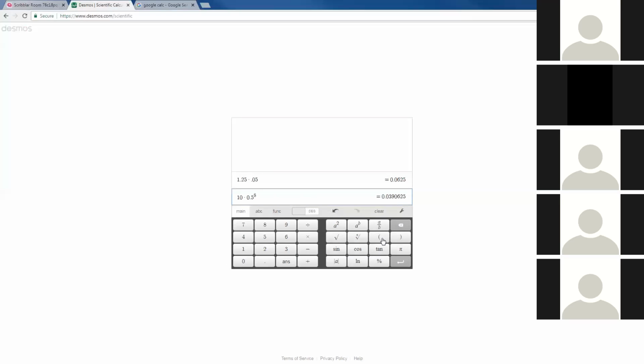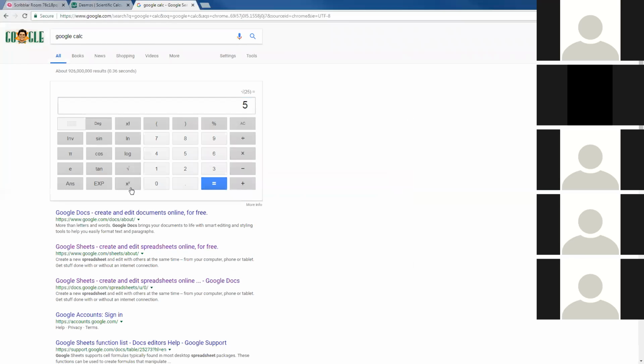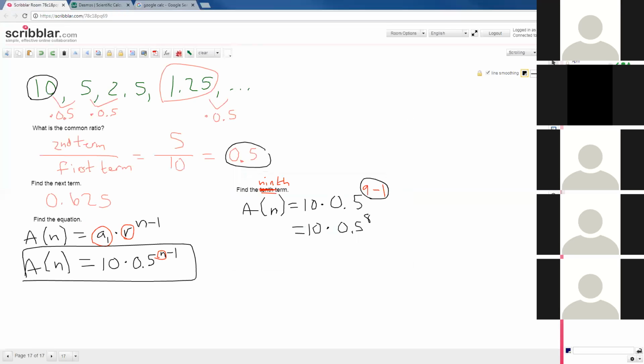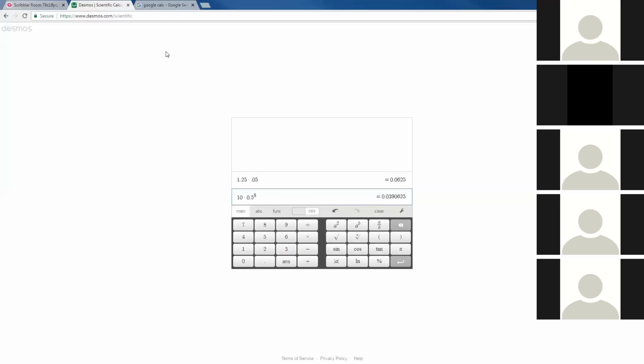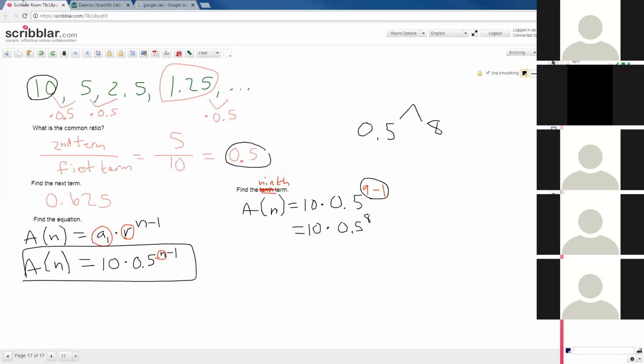Some have this AB, Google Calc has XY, some even have a little piece that looks like a triangle. 0.5, and then this triangle piece, 8. That's telling you to do the same thing. So once you plug it in, we have 0.039. It will tell you where to round if you need to. I'm going to go ahead and just put 3 decimal places because I didn't specify a spot to round.